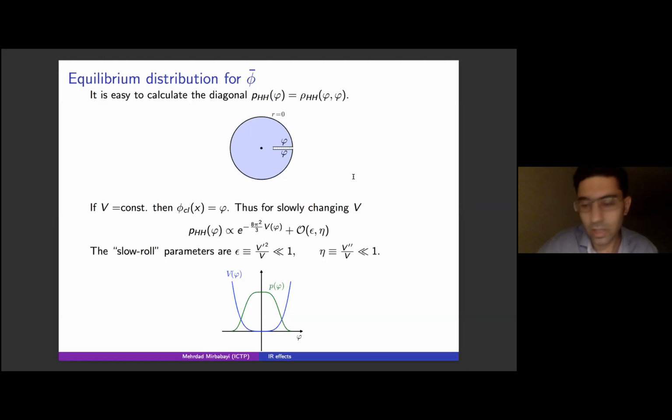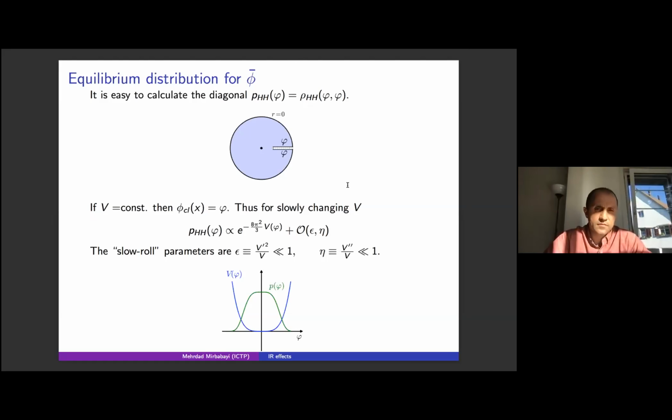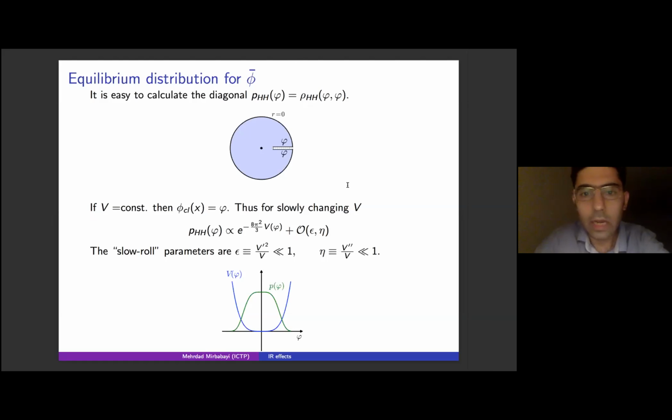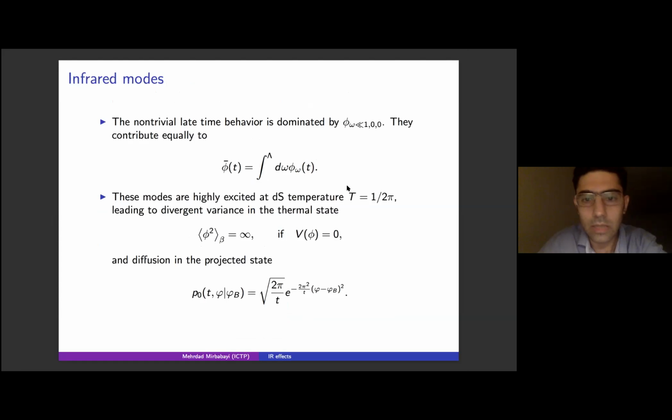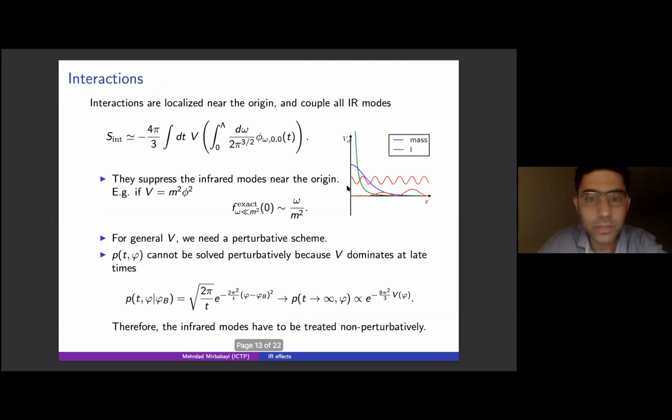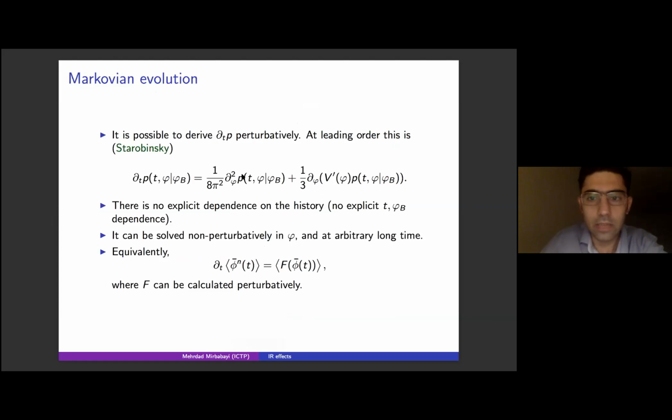But of course, one is interested to also find the evolution equation for this reduced density matrix, or the diagonal element of it. And one can set up a perturbative calculation for deriving that equation. So this can also be done in the static patch, and derive this well-known result for that reduced density matrix.